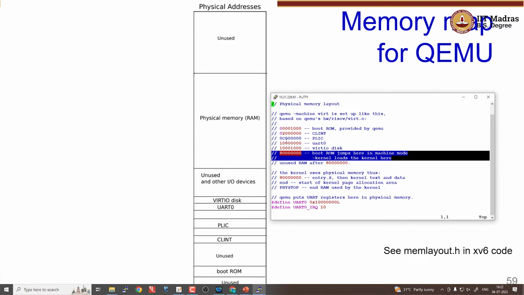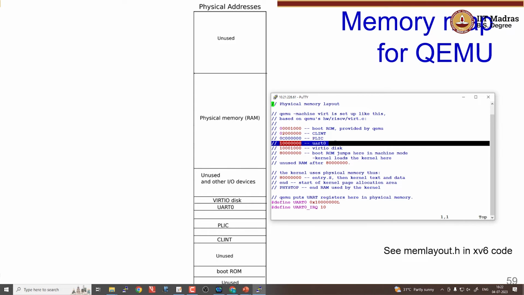Now, besides the boot ROM and the RAM, there are a few peripherals which are supported. One important thing is the UART0, which we will be using for communication. This is at 10 million. And like we have discussed earlier, this UART0 is used to transmit or receive data to and from the QEMU emulator.